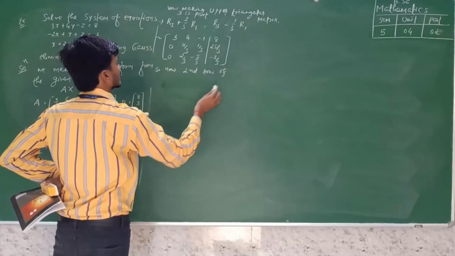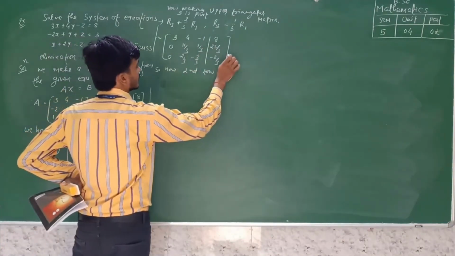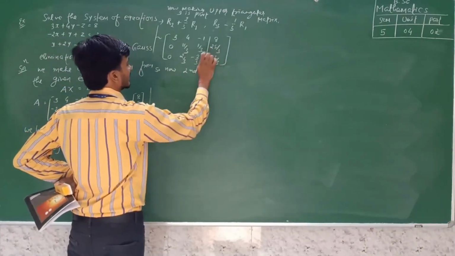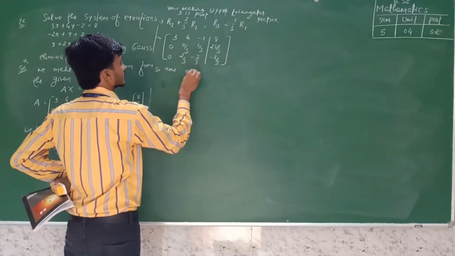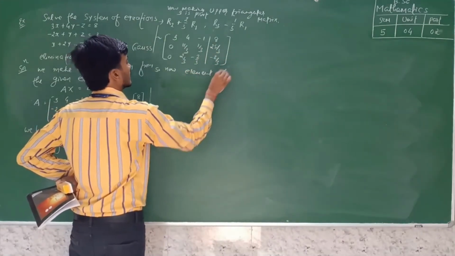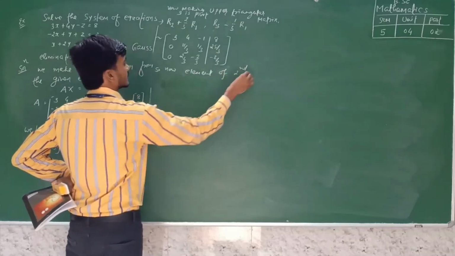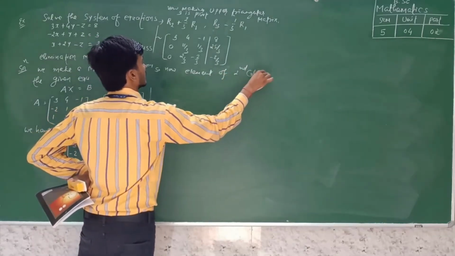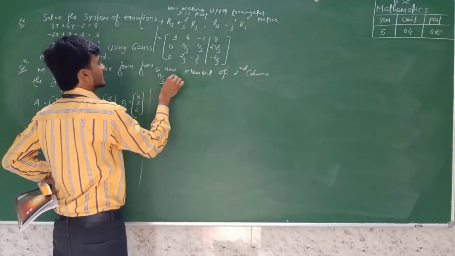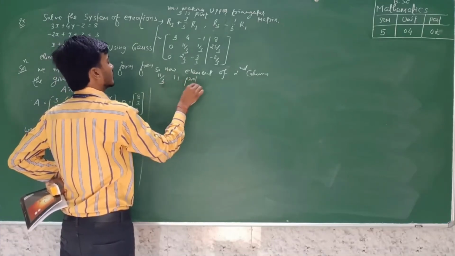Now the second row, second column element, 11 by 3, is the pivot.